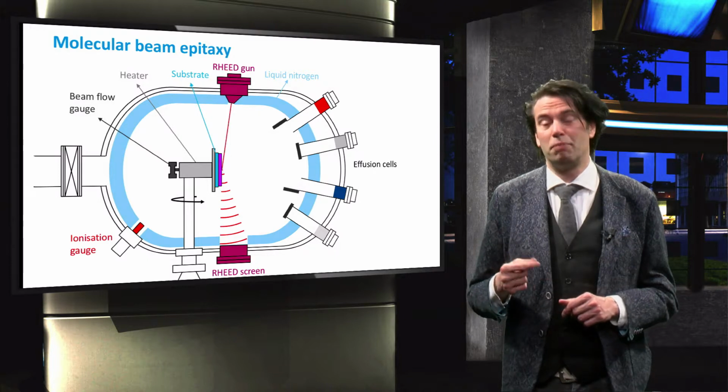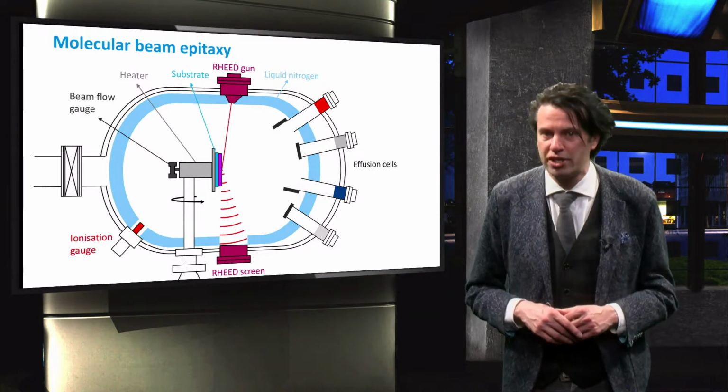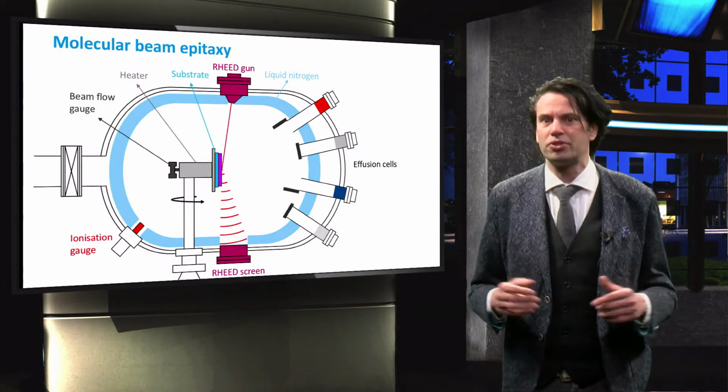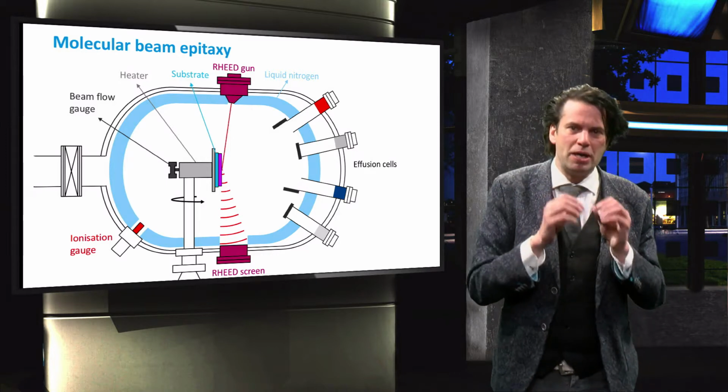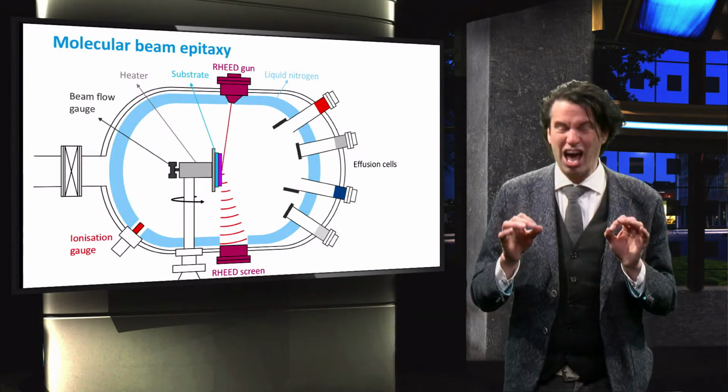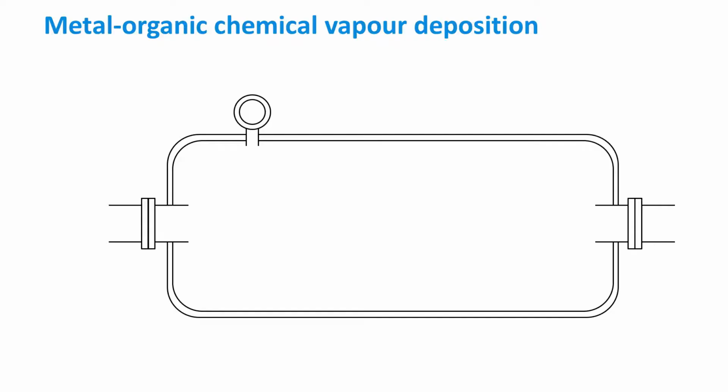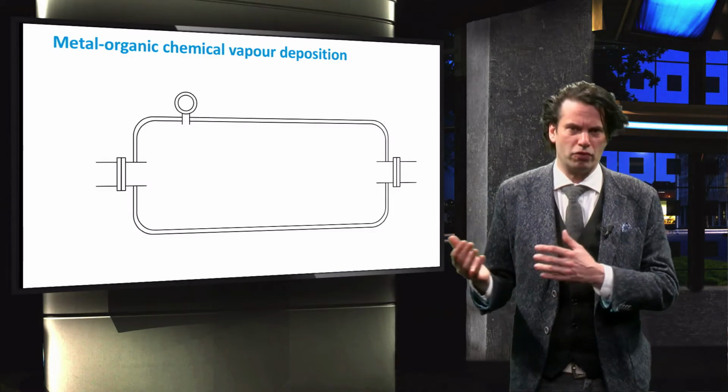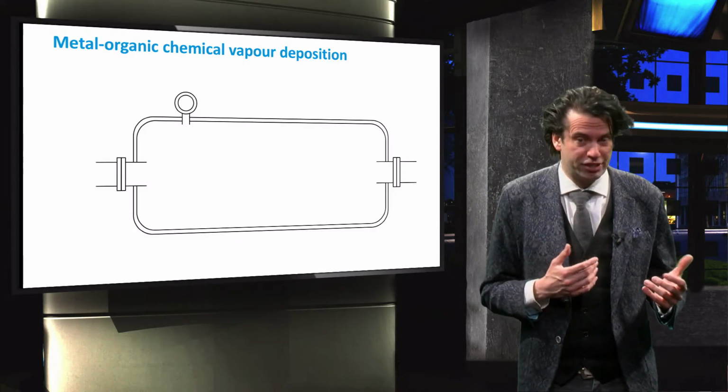The layer-by-layer growth process and the high substrate temperature and high vacuum conditions make molecular beam epitaxy an expensive and slow process. Therefore, typically 3-5 semiconductor layers are deposited by using metal organic chemical vapor deposition, or MOCVD.